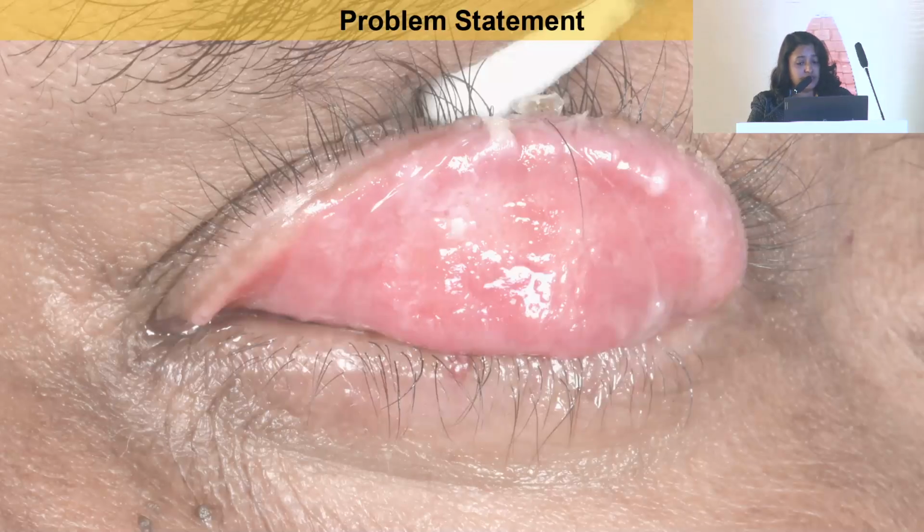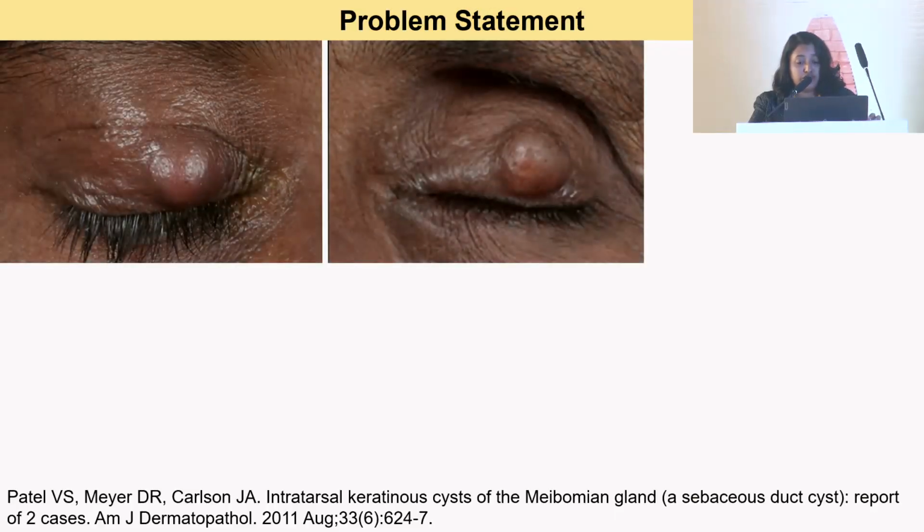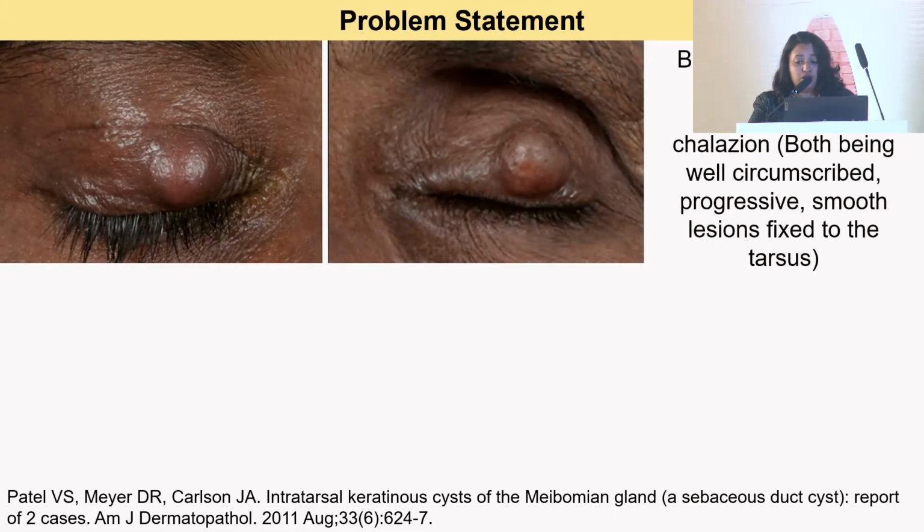But as clinicians, the only differentials relevant to our management are a chalazion and a malignancy. A malignancy will have a completely different picture with loss of eyelashes, meibomian gland dropout, distortion of eyelid margin, amongst many others. The challenge lies in differentiating a benign tarsal related cyst from a chalazion.